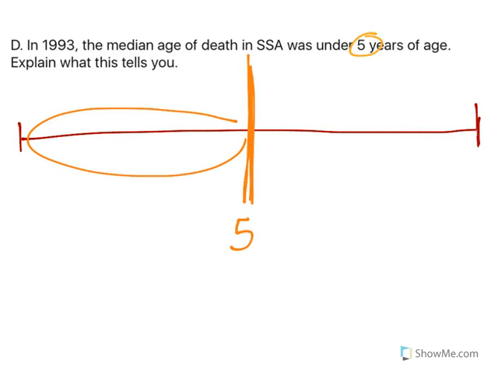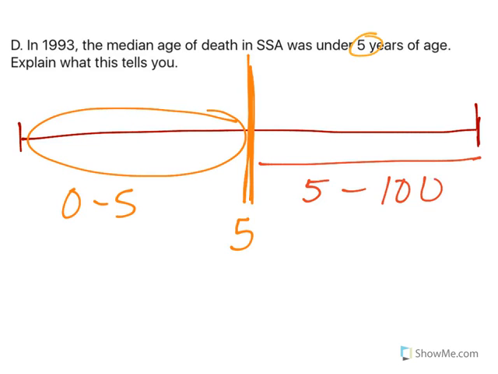That means all of these people in this half are from 0 to 5, and these people are from like 5 to 100. So that means half the people who died in sub-Saharan Africa were under 5. So if 100 people died, 50 of them were 5 years of age and younger, and 50 of them were over 5. So that's really sad. That means there's just a lot of people dying at a very, very young age in sub-Saharan Africa.